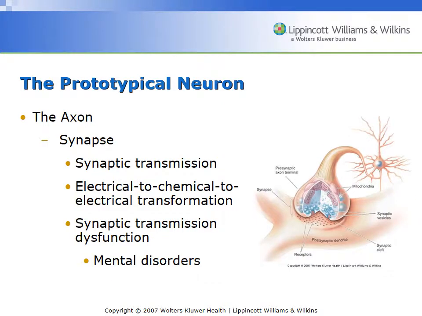A bit more on a synapse, even though we will devote a chapter or two specifically to study synapses, but at least some terminology. When the presynaptic and postsynaptic regions come together, they form what's called a synaptic cleft.